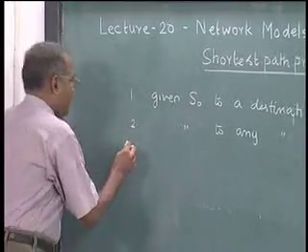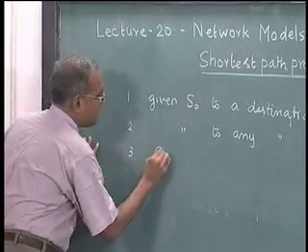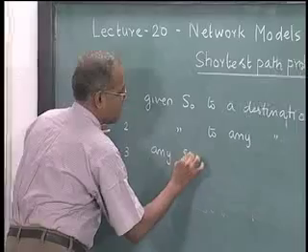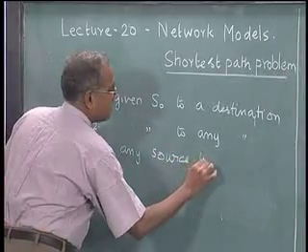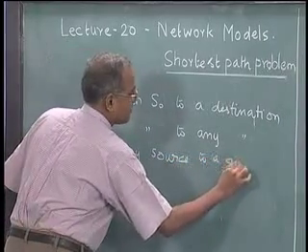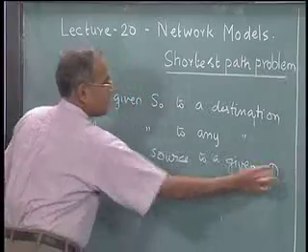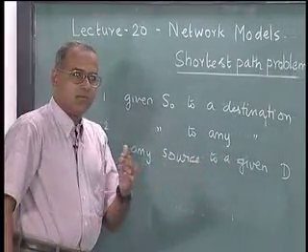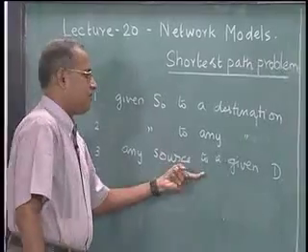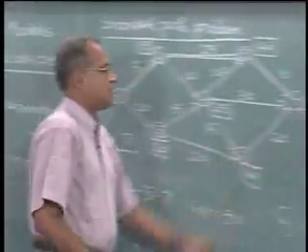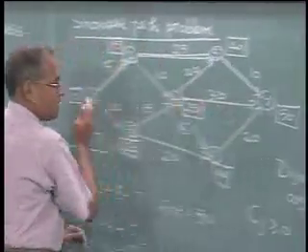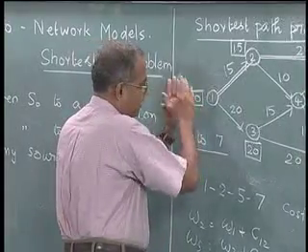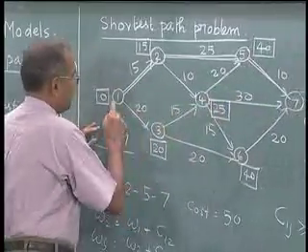Now, there is a third problem, which is from any source to a given destination. Now, this can be done in more than one way, one of which is to do a backward pass of the algorithm from here to here. Remember, what we did first is a forward pass from 1 to 7.